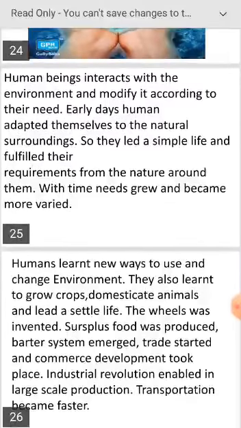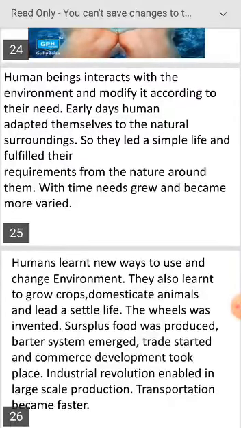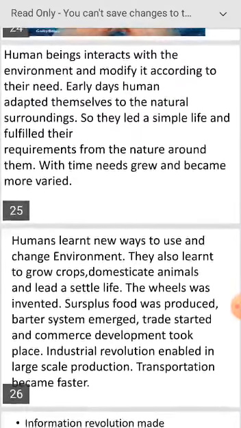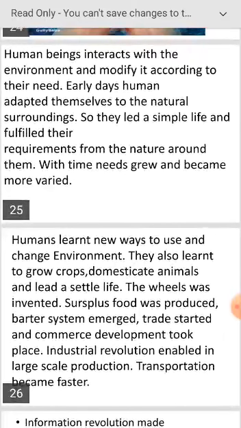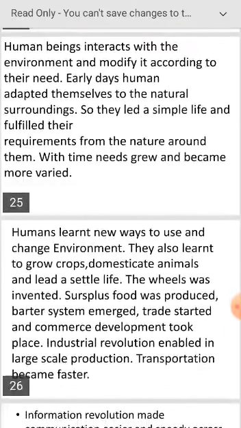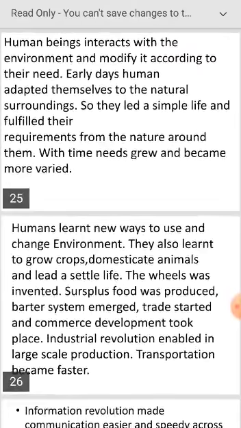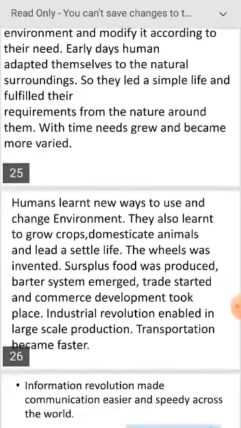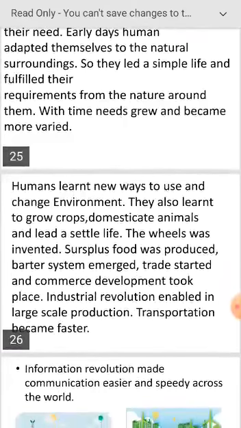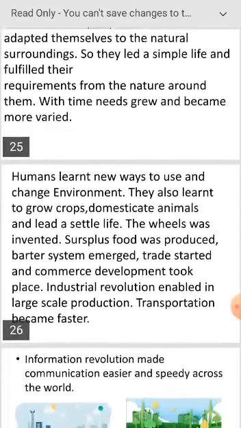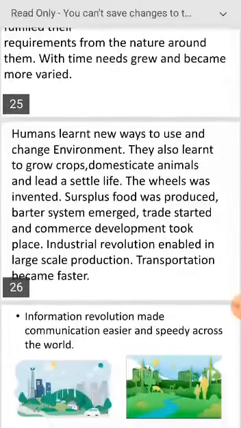In early days, humans adapted themselves to the natural surroundings, so they led a simple life and fulfilled their requirements from the nature around them. With time, needs grew and became more varied.